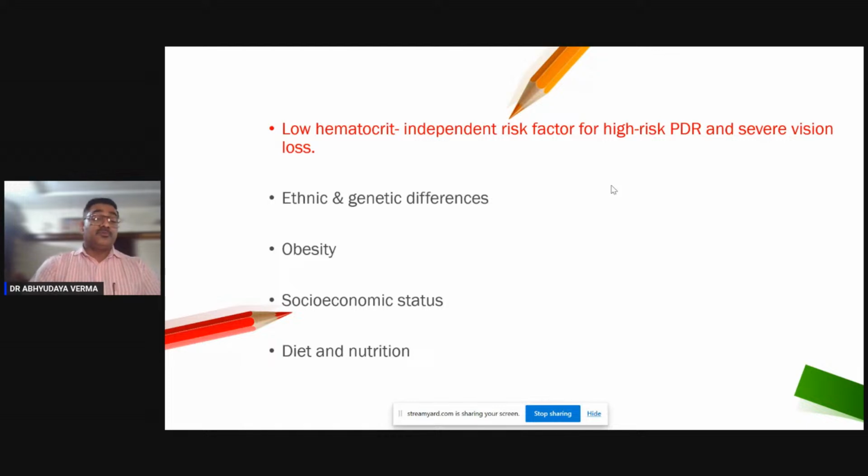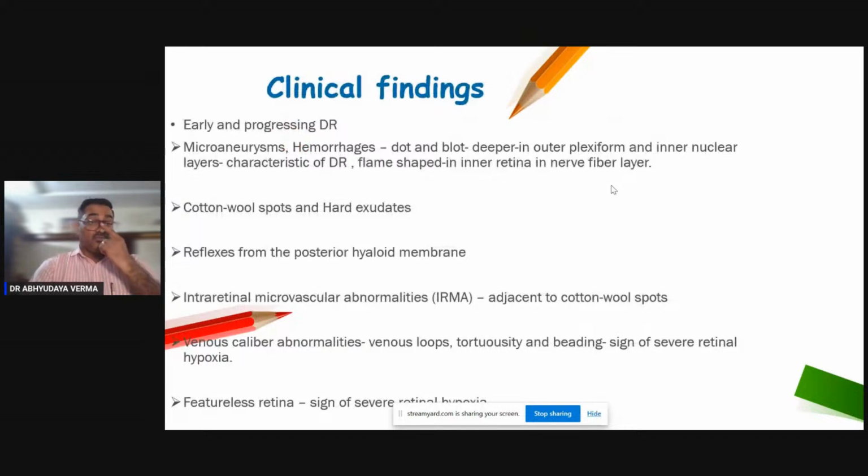In poor people, it is seen more, and obviously diet and nutrition are not good there. Clinical findings, I won't go into detail, but yes, we can see microaneurysms, cotton wool spots, then we have reflexes on the posterior hyaloid membrane, intraretinal microvascular abnormalities, venous caliber abnormalities, and featureless retina.